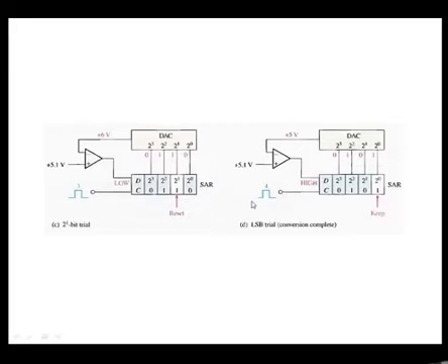Figure D shows the final step with the LSB trial. Now the output of the DAC is 5. Why 5? Because there is a 1 on the 2 raised to power 2 bit input and 1 in this least significant bit.